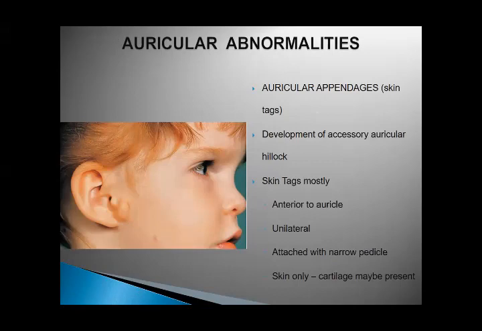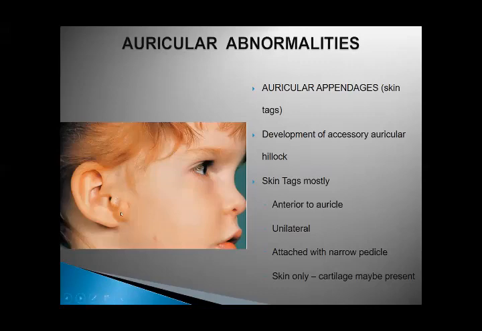Okay, quickly, abnormalities of the ear. ये देख लीजिए, a small skin tag, auricular appendages. This is simply skin tags. ये accessory auricle, ये separate auricle बनाता है because you have an extra auricular hillock. ये skin tags जो है mostly anterior to the ear develop होती हैं.